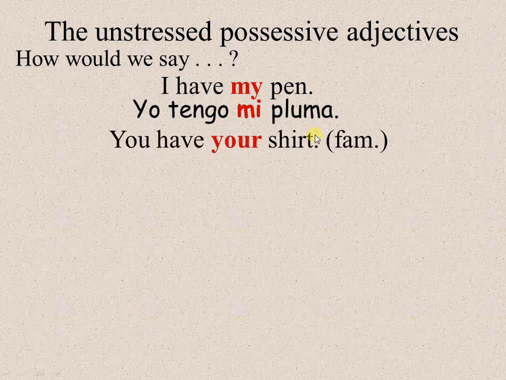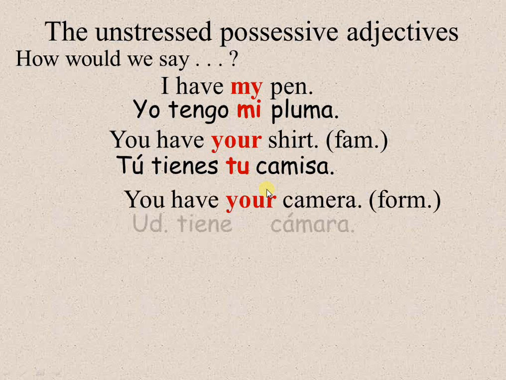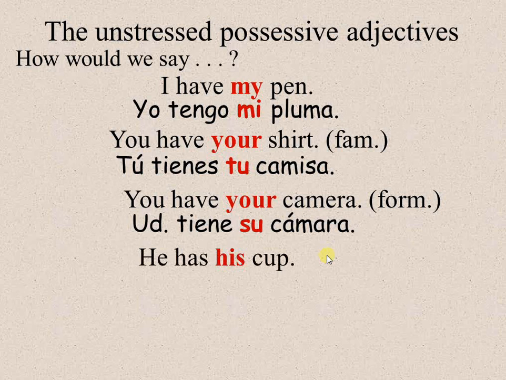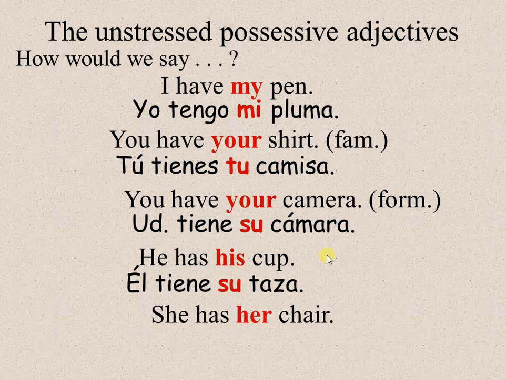No. You have your shirt. Tú tienes tu camisa. You have your camera. Formal. Usted tiene su cámara. He has his cup. Él tiene su taza. She has her chair. Ella tiene su silla.